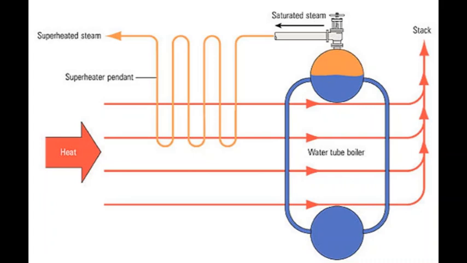The water flowing through the downcomer is in the saturated condition, and whatever heat we add in the furnace water wall gives the latent heat of vaporization.